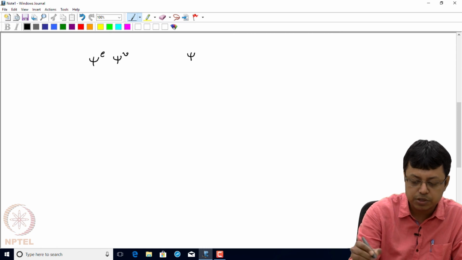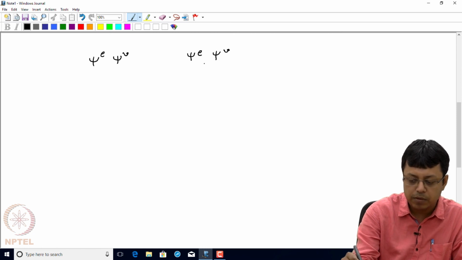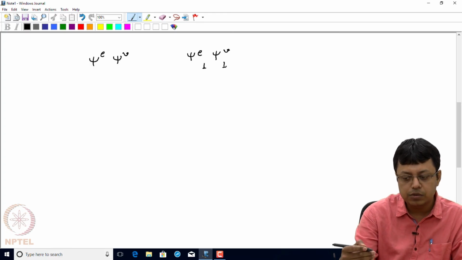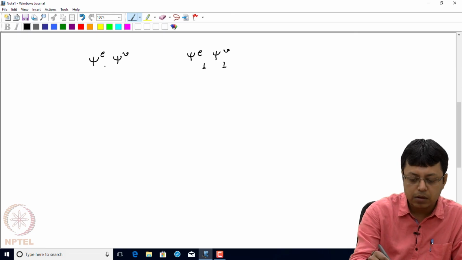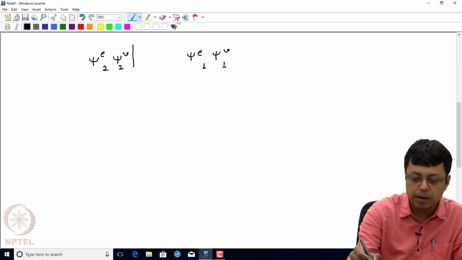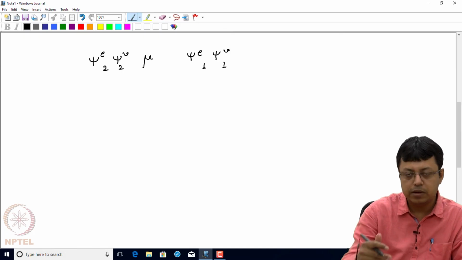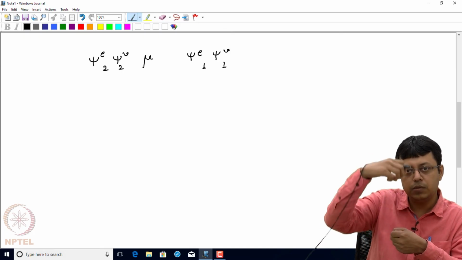Suppose I am going from the ground electronic state, corresponding to psi 1, and I end up in psi 2. So there is something called the transition moment integral. It is nothing but a transition dipole operator that acts between these two wave functions. So basically it couples the ground state with the excited state.